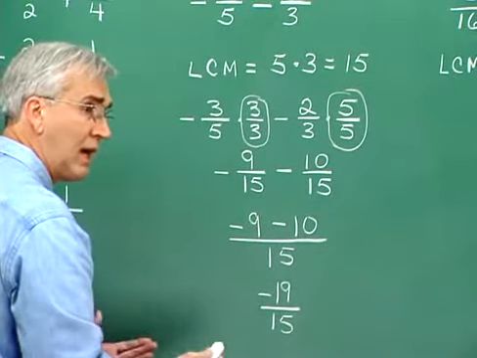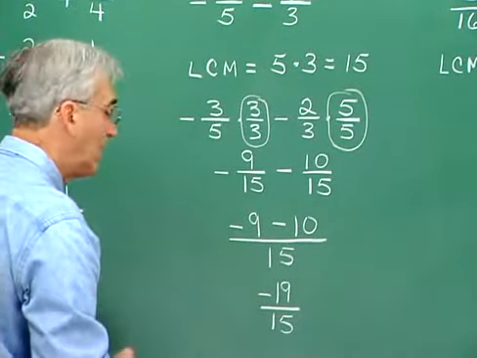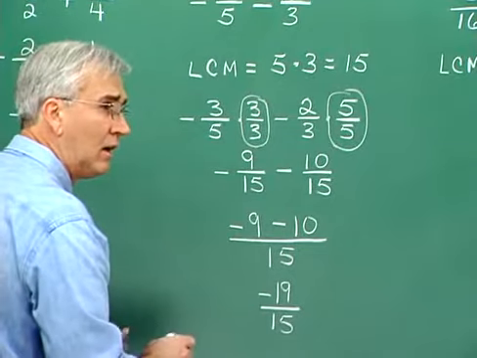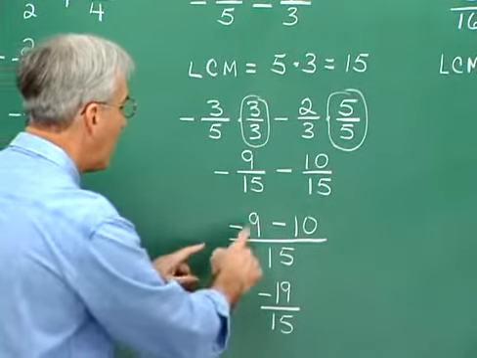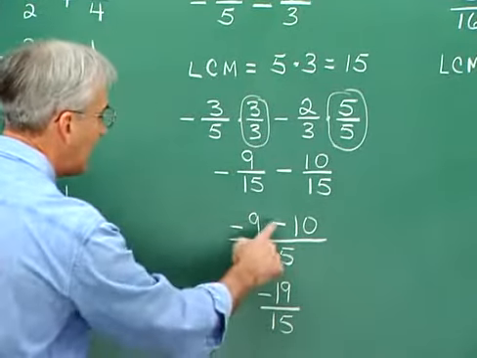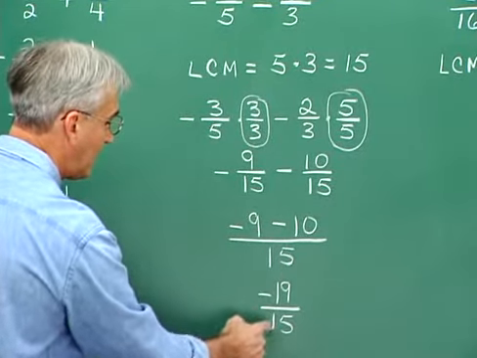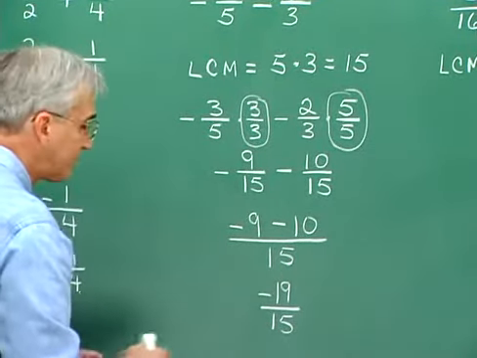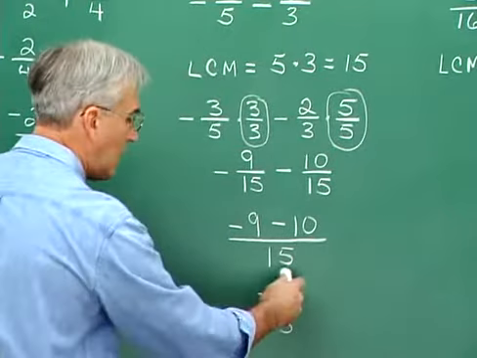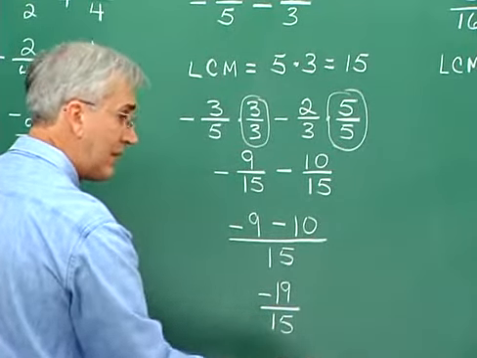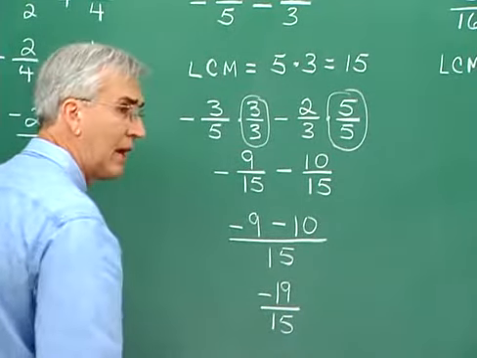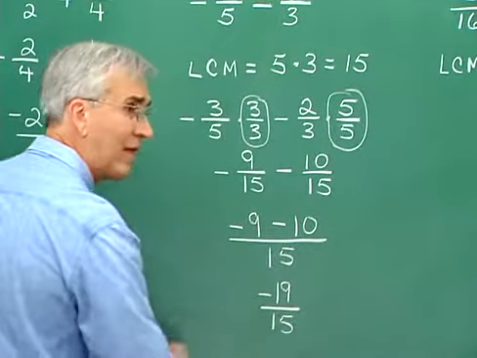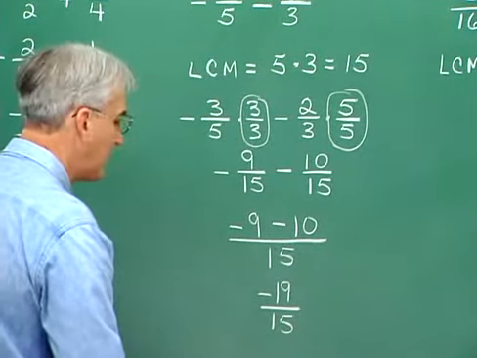Same sign, add the digits and attach that common sign. So add 9 and 10, we get 19, and attach the minus sign. So negative 19 over 15. Now, there are a number of ways of representing this. We can let the minus sign float to the sign of the fraction, but it's an improper fraction, and we would probably write this as a mixed number.